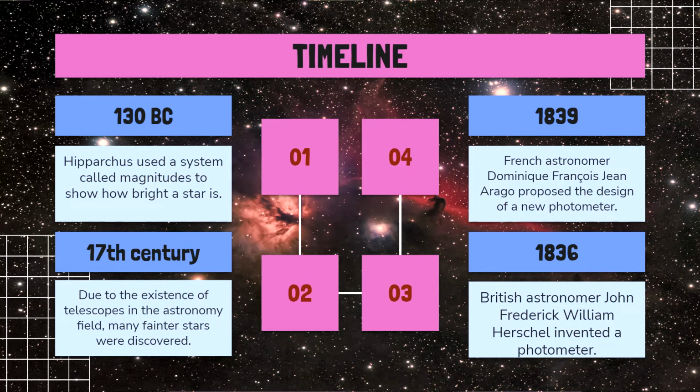In 1839, French astronomer Dominique François Jean Arago proposed the design of a new photometer. The design uses the photographic principle. His goal was to eliminate the role played by the observer in determining the brightness of an object by rendering the technique completely objective.